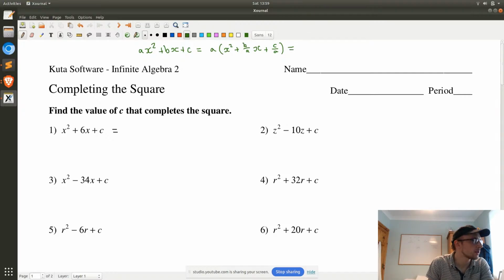Then what I want to do is divide this by 2. I'm going to have x plus b over 2a. And then when I square this out, I'll have b squared over 4a squared, which is multiplied by a, so I'm going to have b squared over 4a. And I've got to take that away, to keep the books balanced.